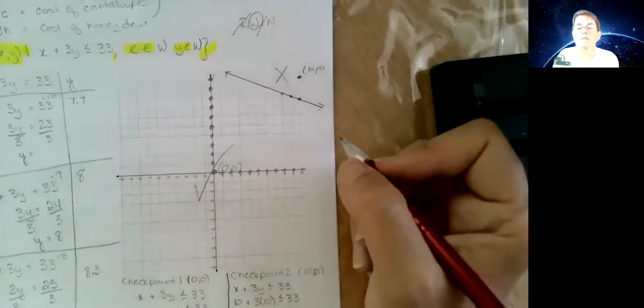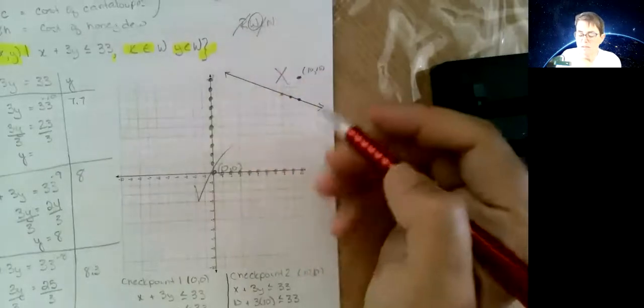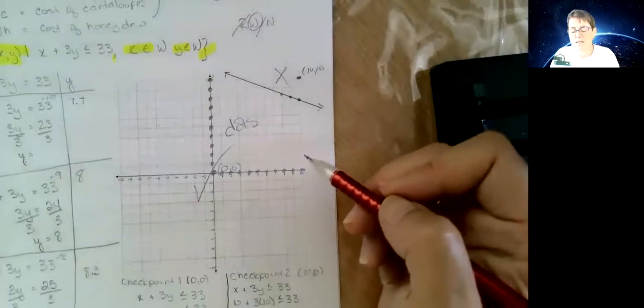Again, when you're doing word problems with real things, it's almost always either whole numbers or natural numbers. And all of this area would be dotted in, right? Because over here you've got negative bits, and you can't have a negative cantaloupe or a negative honeydew. No, that doesn't make any sense. Now, does it make sense?